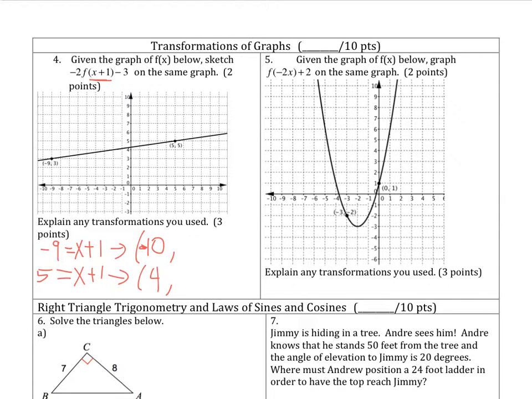Let's look at my y values. I'm going to multiply the y times negative 2 and then subtract 3. My first one would be 3 times negative 2, negative 6, minus 3 is negative 9.